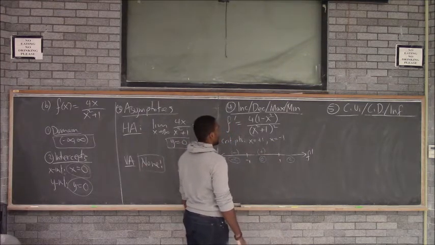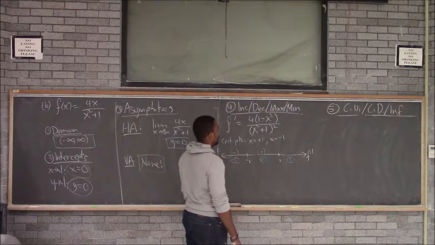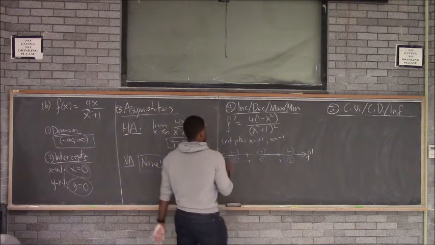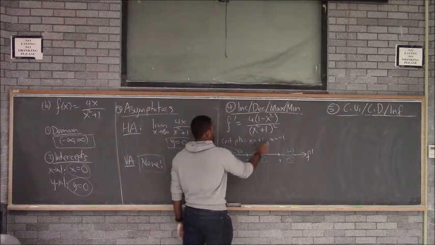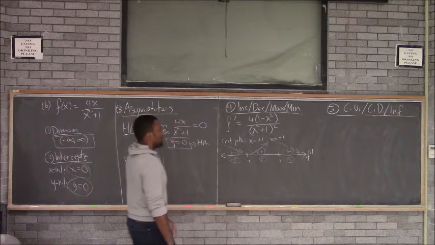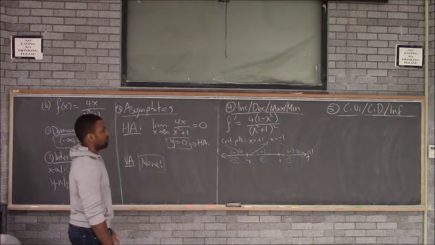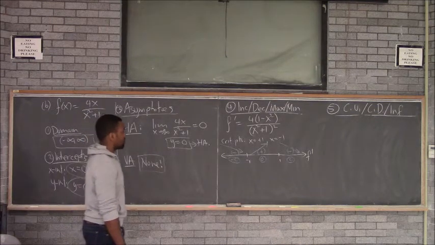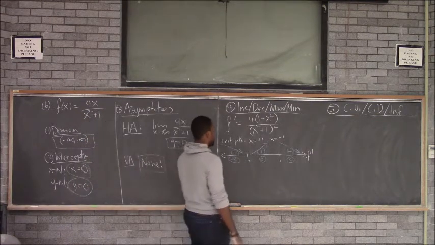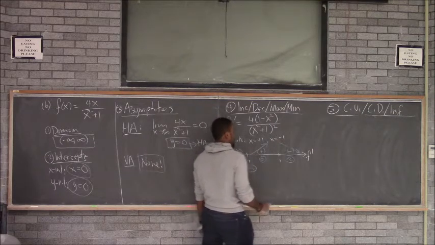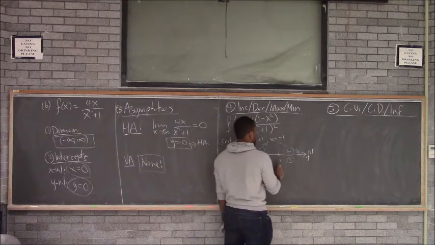And if I plug in a 2, I get a negative. So I am decreasing, increasing, and decreasing again. Do I have any maxes or mins? Negative 1 is a minimum. And you'll see that 1 is a maximum.